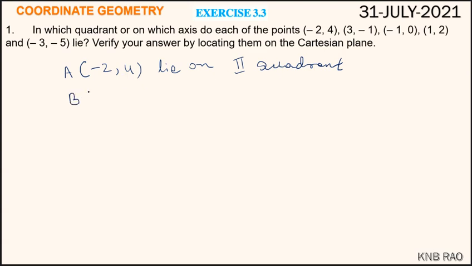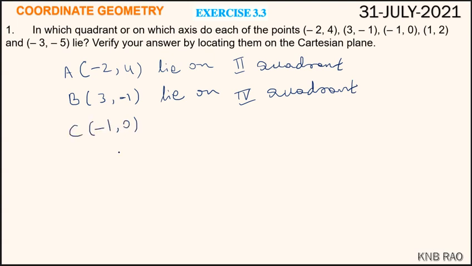Similarly, point 3, -1, if I call it B, its nature is positive, negative, so it lies in the fourth quadrant. And similarly, we can say the rest of the points.